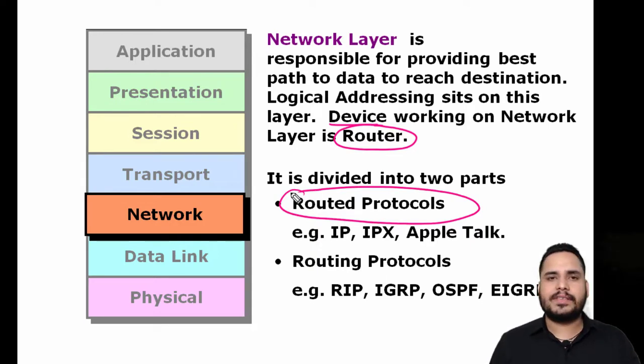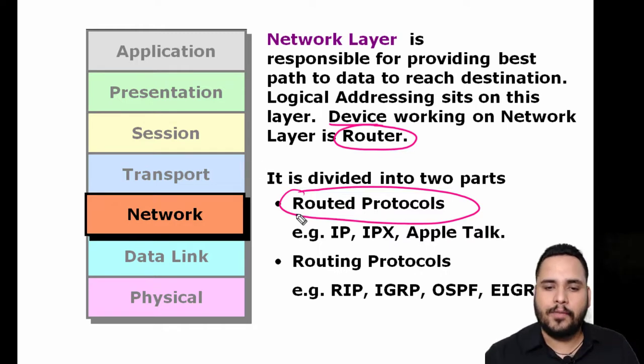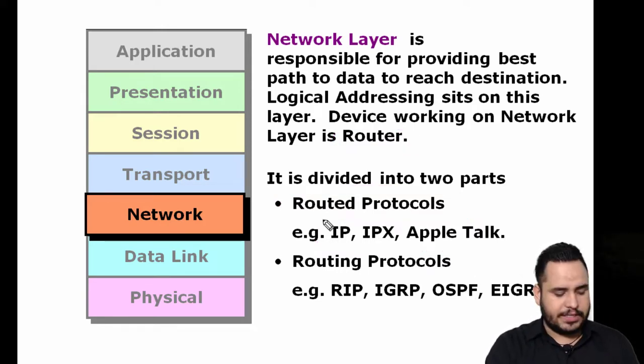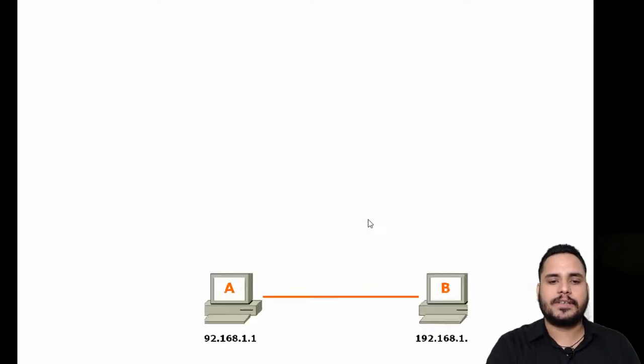Like there are two PCs, A and B. They can communicate with each other with the help of IP, IPX, AppleTalk. IPX was the first protocol developed by Microsoft, and a routing protocol is used to check the path from source to destination. So let's discuss the routed protocol first.